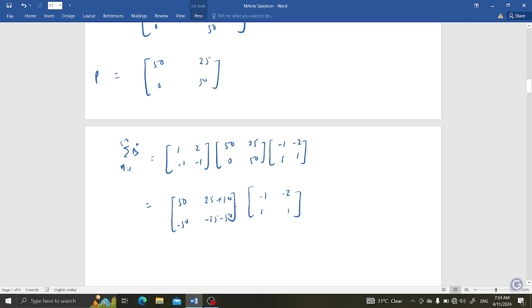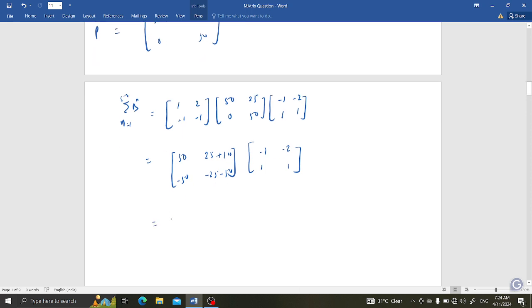Okay, here you can observe, after solving this one we will get 75, 25, minus 25 and 20. I'm not going deep into the calculation. Okay, here main thing is I need to tell you how we can proceed in such type of questions. Okay, this is one.